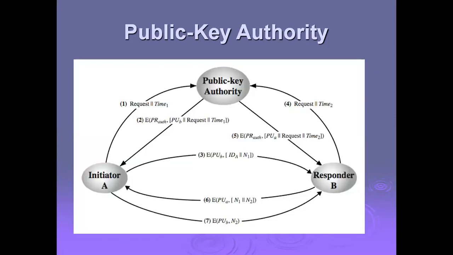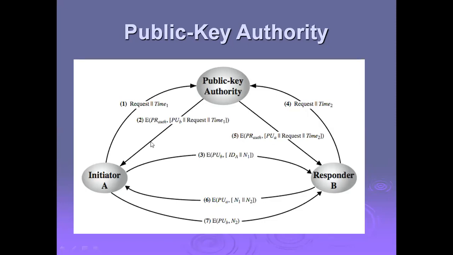Next, we see the scenario of how the public key authority is accessed, with an initiator and a responder. In the first step, the initiator sends a request with timestamp T1. In the second step, the public key authority issues the public key: encryption with the private key of the authority of the public key of B, the request, and T1.